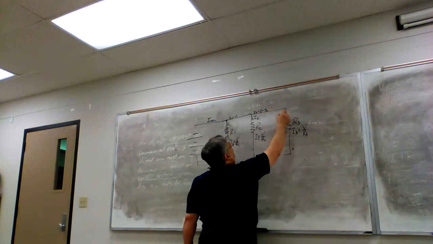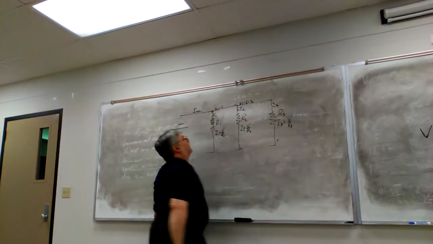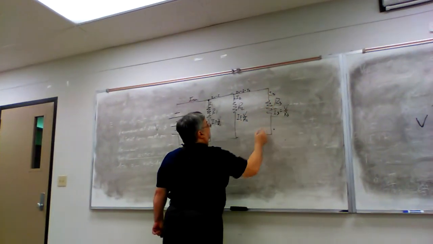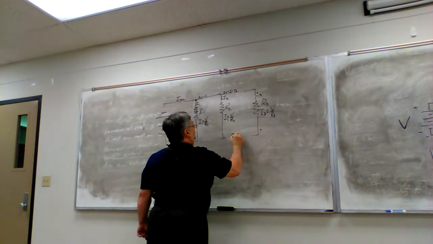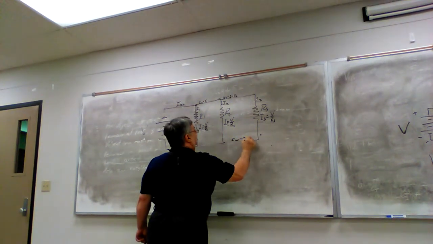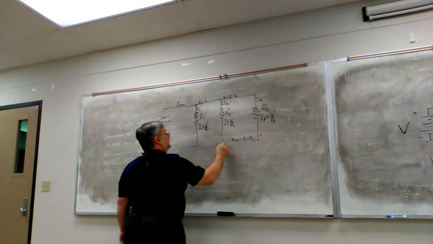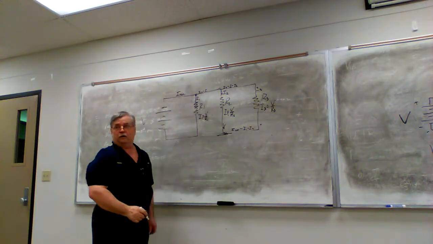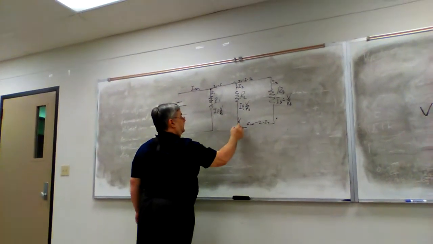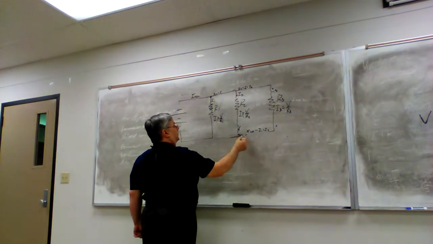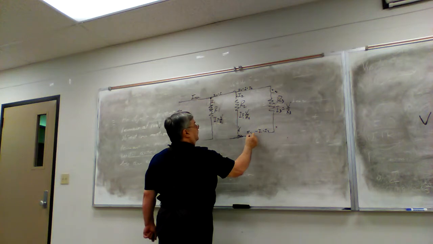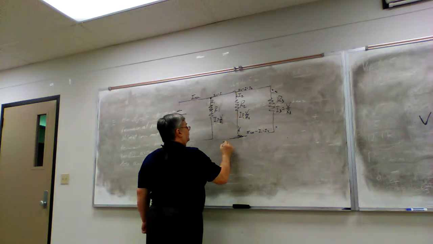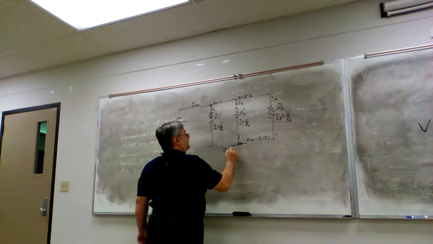And that is equal to I3. Here you've got I3, which is I total minus I1 minus I2 coming into this node here, gaining I2 here. So the total currents coming into this node must equal the total current leaving that node, which would be I total minus I1 minus I2 plus I2. So this becomes I total minus I1.